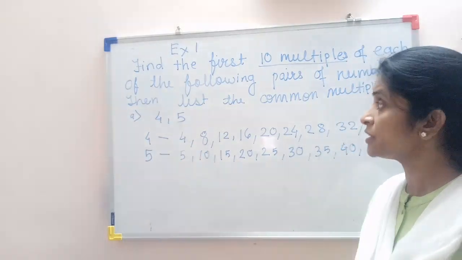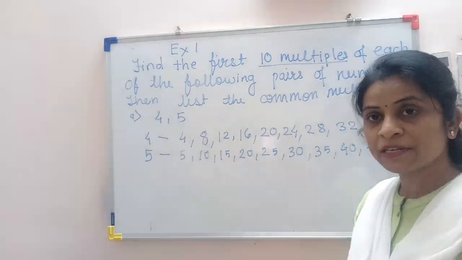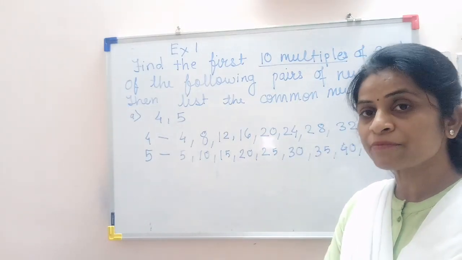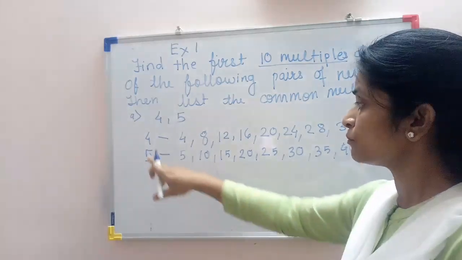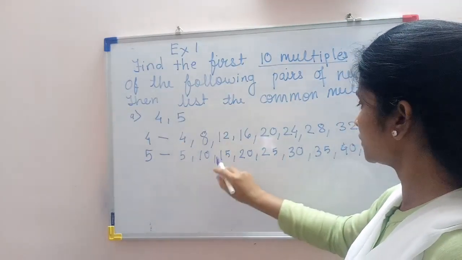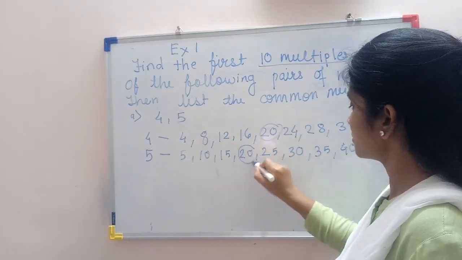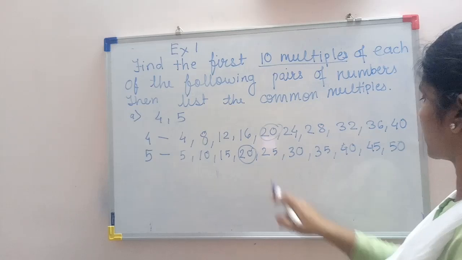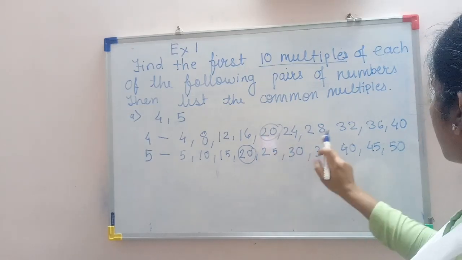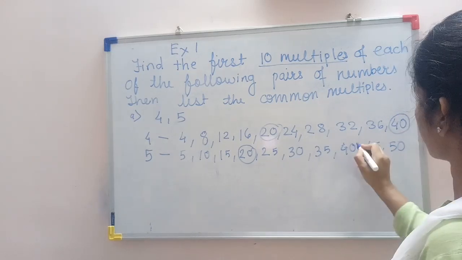Now we have to find out the common multiples in these. Common multiples means the common numbers which come in both. That means, what are the common? 20 is common. Then after 20, which number is common in this? 40.